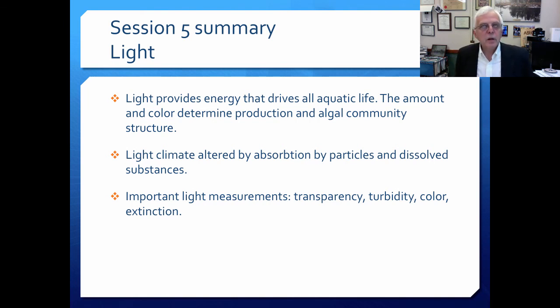Finally, there are many different important measurements of light. They are things like transparency, turbidity, color, and extinction, and these are the things that limnologists measure on aquatic systems in order to determine how much light is available to organisms for creating primary production.